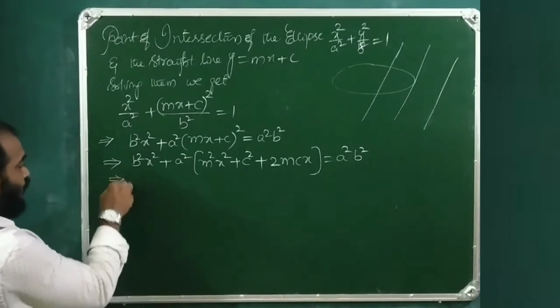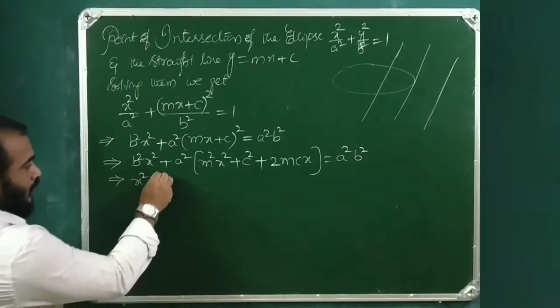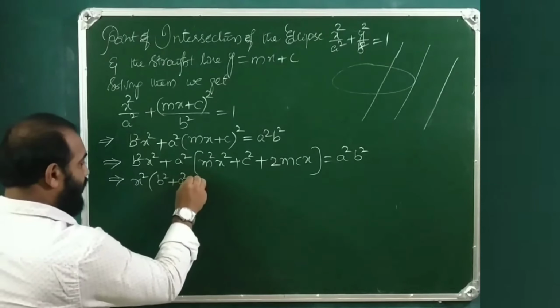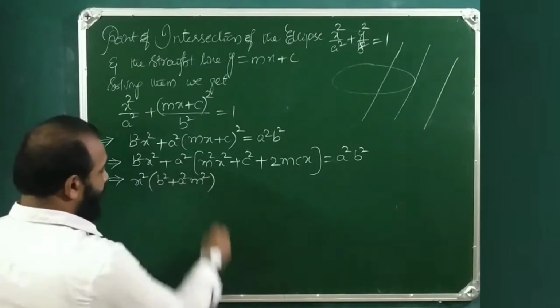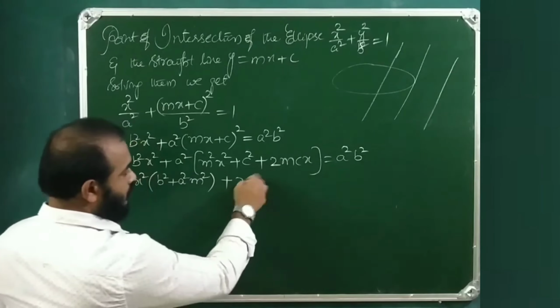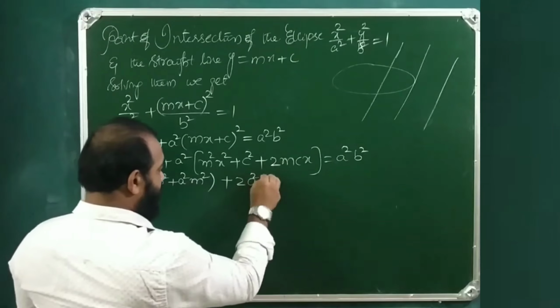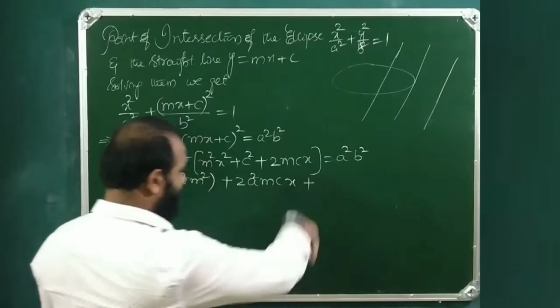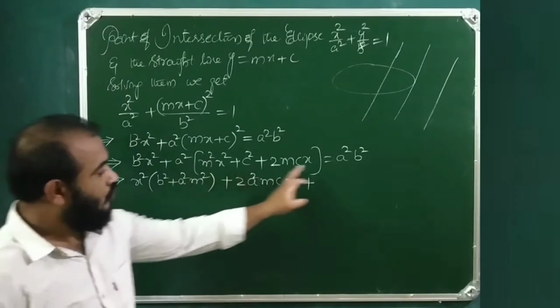Now this is equal to x square into (b square plus a square m square) plus 2 a square mcx plus a square c square.